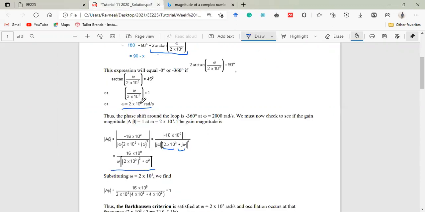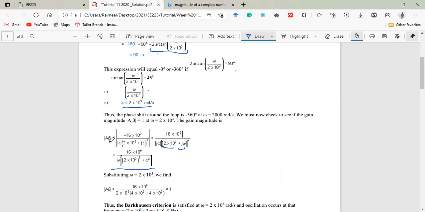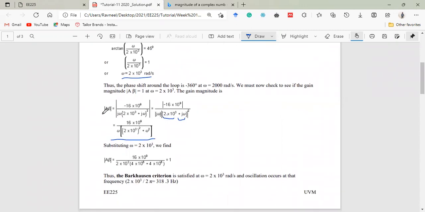And then once we satisfied that condition, we took that omega and substituted it into the magnitude formula of A times beta, and checked whether we are getting the magnitude to be equivalent to 1 or not. In this particular case, we are getting the magnitude to be equivalent to 1, right? So both the criterions are satisfied.